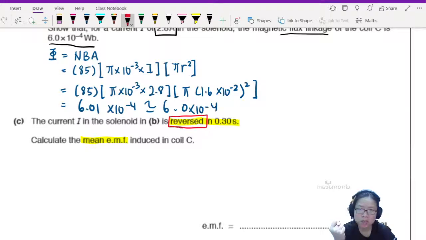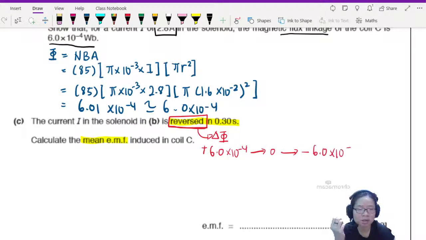Okay, so if we reverse the current, it means that the change in flux goes from, let's say, positive 6.0 times 10 to the power of negative 4, to 0, to negative 6.0 times 10 to the power of negative 4.